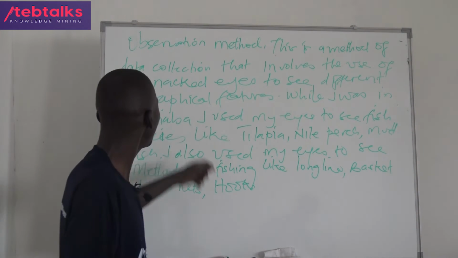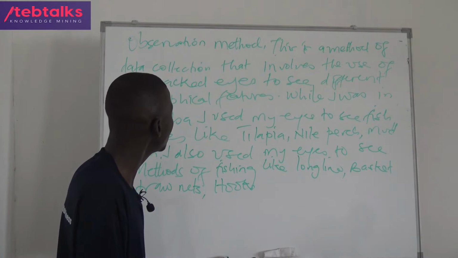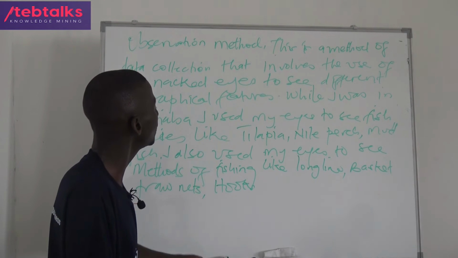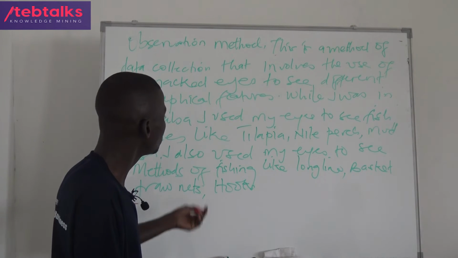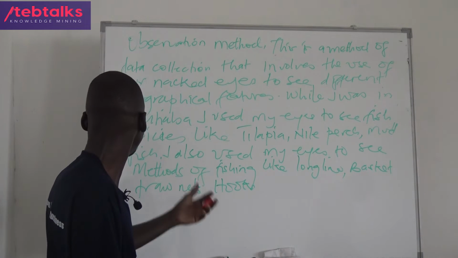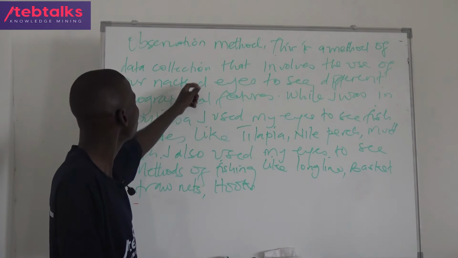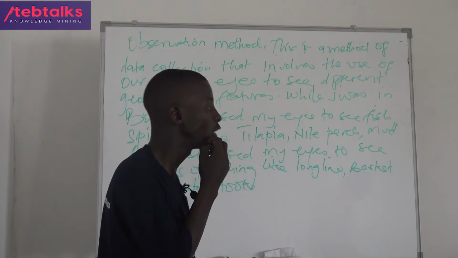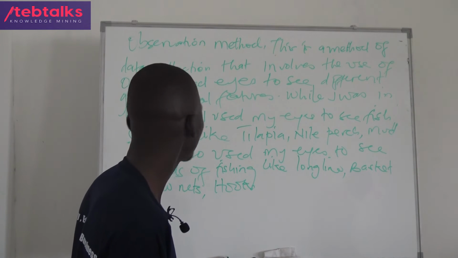While I was in Butiaba fish landing site, I used my naked eyes to see different fish species. I saw tilapia, Nile perch, mudfish, etc. I also used my naked eyes to see different methods of fishing, like long line, the basket method, the draw nets, hooks, etc. This one, you are trying to answer that question which says, how did you use the observation method? Clear?